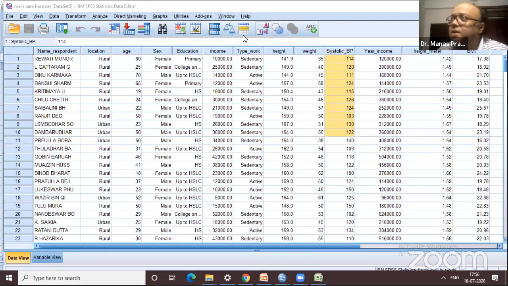Actually, the statistical method we have used here is called survival analysis, or time to event analysis. It's a very interesting topic in statistics. It studies the time taken for an event to happen.